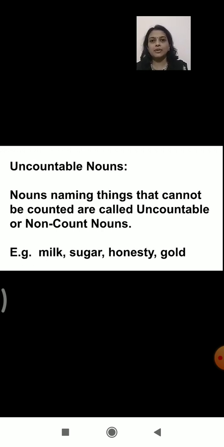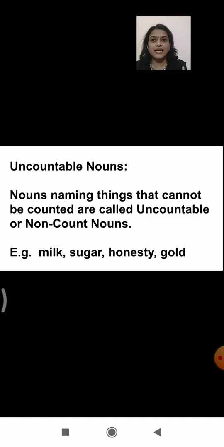Then the uncountable nouns, what are they? The nouns naming things that cannot be counted are called uncountable or non-count nouns, isn't it? Now example, milk, can you count? No, you need something to count. Sugar, again here you need a measuring unit. Honesty, it's an abstract noun, you cannot count it, right? Gold, again you cannot count it.